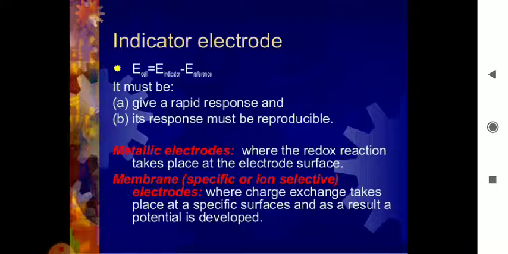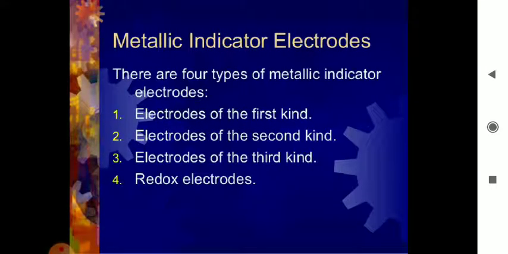In this chapter we can also look at a new point: metallic electrodes, where the redox reactions take place at the electrode surface, and membrane electrodes, the specific or ion selective electrodes, where charge exchange takes place at specific surfaces and as a result a potential is developed.